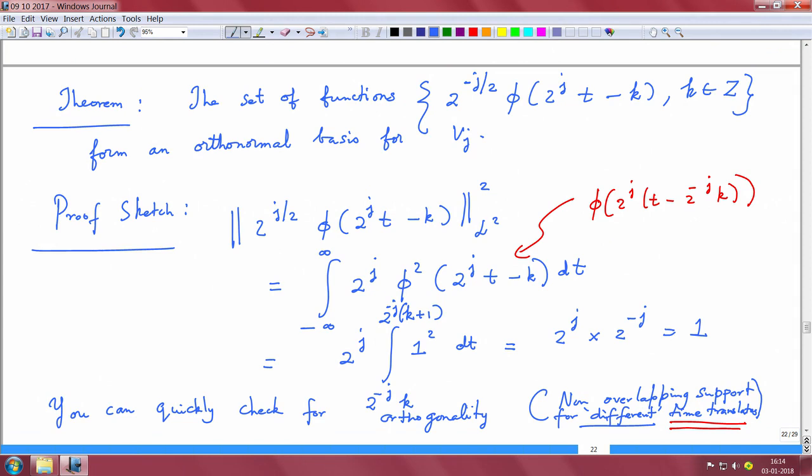There is a small typo here that I just saw right now. This negative, there should not be a minus sign here. It is 2 power j upon 2, because it has to integrate to 1.